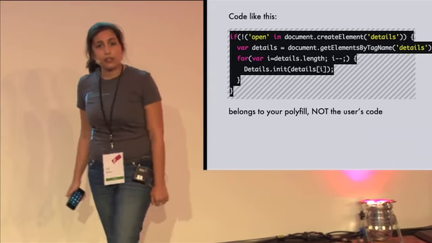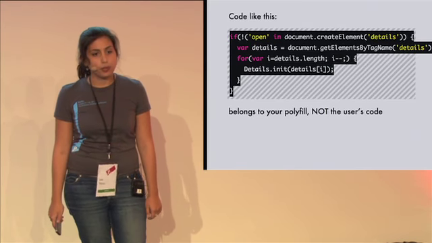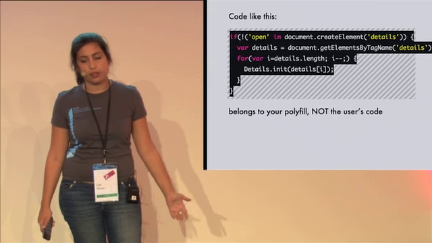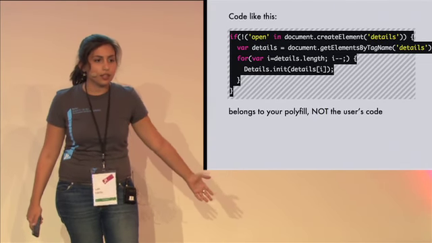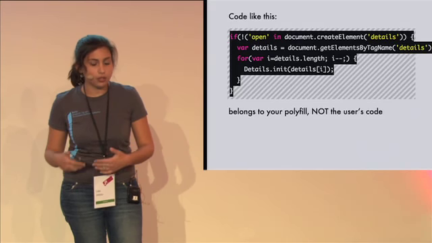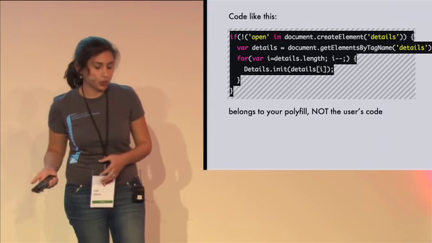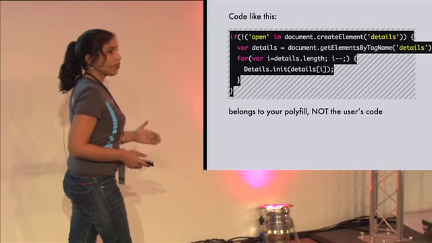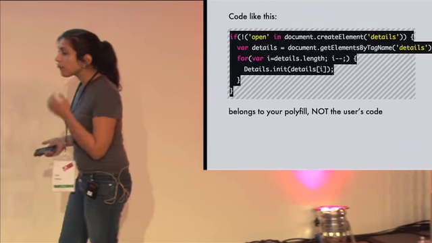It might sound obvious, but it's really surprising how many people don't follow that. They make a function that implements some functionality, and then they're like, yeah, use that function on any element you want to fix. And they don't actually do anything except defining that function. So to use their polyfill, you have to actually add JavaScript code, get all these elements yourself, and apply that function to them.